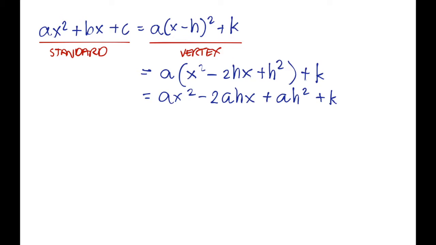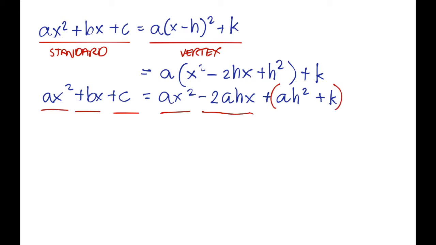And I am going to write here our standard form. From here, we can see that ax squared is actually this one, bx is our negative 2ahx, and our c is these guys here. From here, we are going to get the equation for our h.